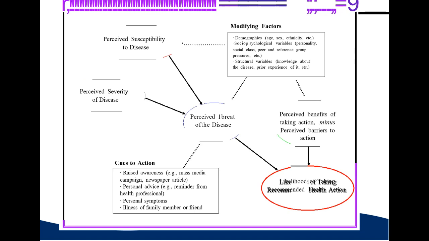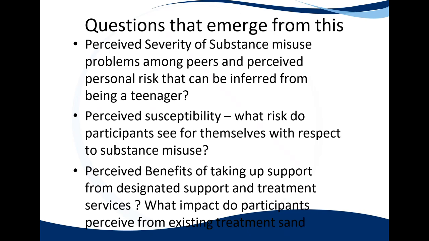So yeah, some visual in terms of an early mapping out from the health belief model constructs and how you might think that they fit into each other. And then the questions that emerge from this are, for instance, perceived severity of substance misuse problems among peers, and perceived personal risk can be inferred.